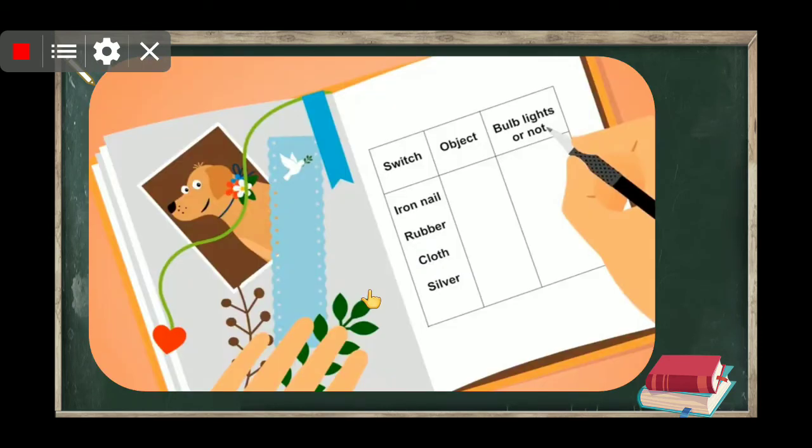When rubber is introduced to the circuit, the current will not pass through it, as rubber cannot conduct electricity. It is an insulator. Cloth is an insulator. It does not allow the charge to pass through it. Alright, and when we attach a silver spoon, the bulb will glow, as silver is a very good conductor of electricity, but we cannot use it in home wiring because it is very expensive.